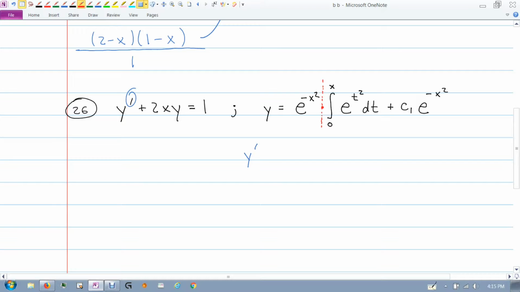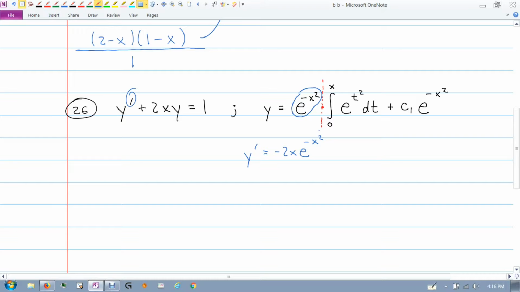And so what we can do is the product rule there. So let me apply this product rule when we take our derivative. First thing is, what is the derivative of this? Well, the derivative of that is just negative 2x e to the negative x squared.